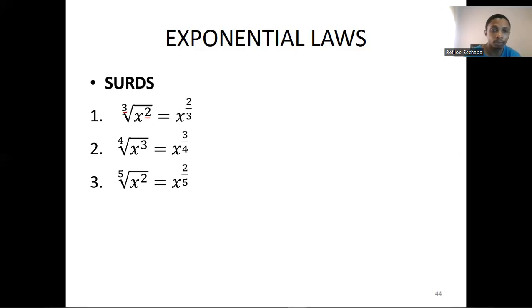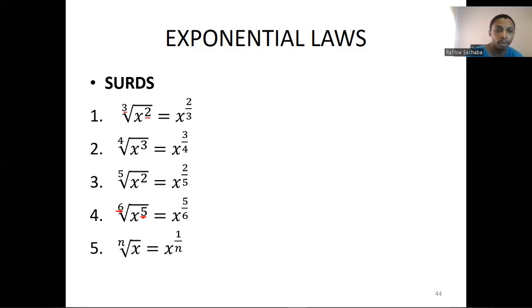The sixth root of x to the exponent of 5 will be 5 divided by 6. Remember, you simply take the exponent inside the surd, you divide it by the root. In this case, you will simply take 5 and divide it by 6, which is the root number, which is the sixth root.